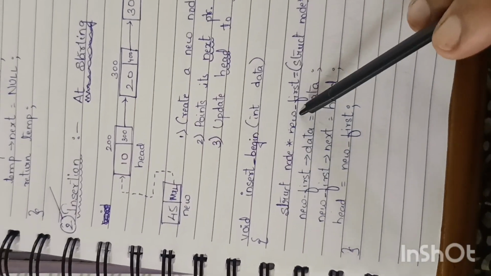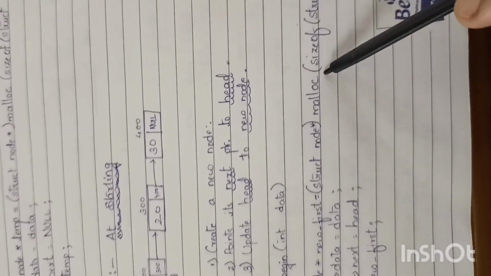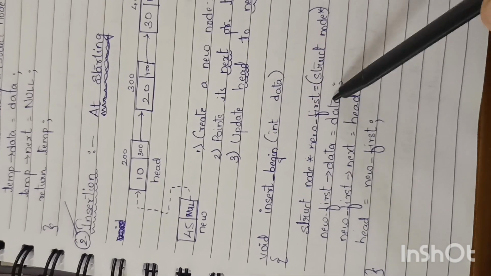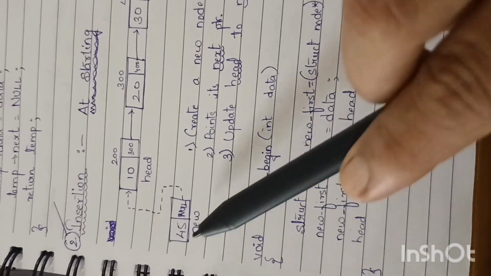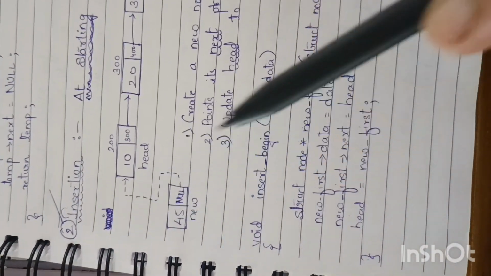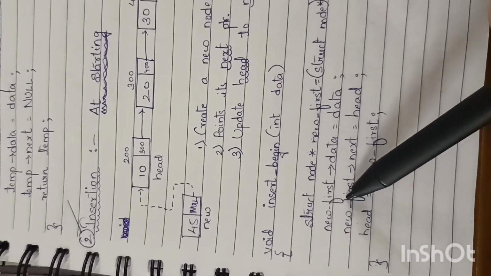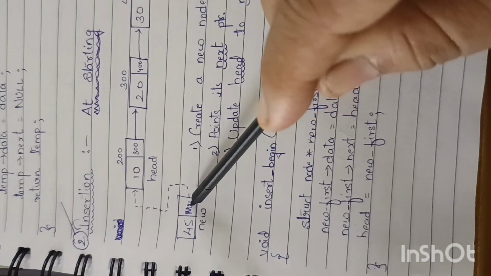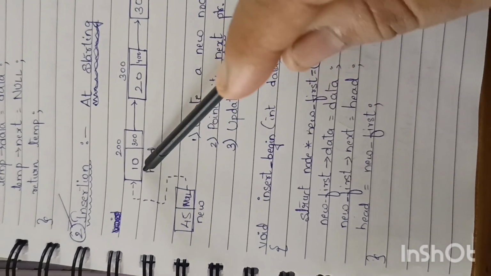So how am I doing it? This I am calling new first. Struct node, malloc, size of struct node, so dynamic allocation. From here I am inserting the data: in new first data I am inserting 45. Then new first next, which is null here, I am storing the address of head.